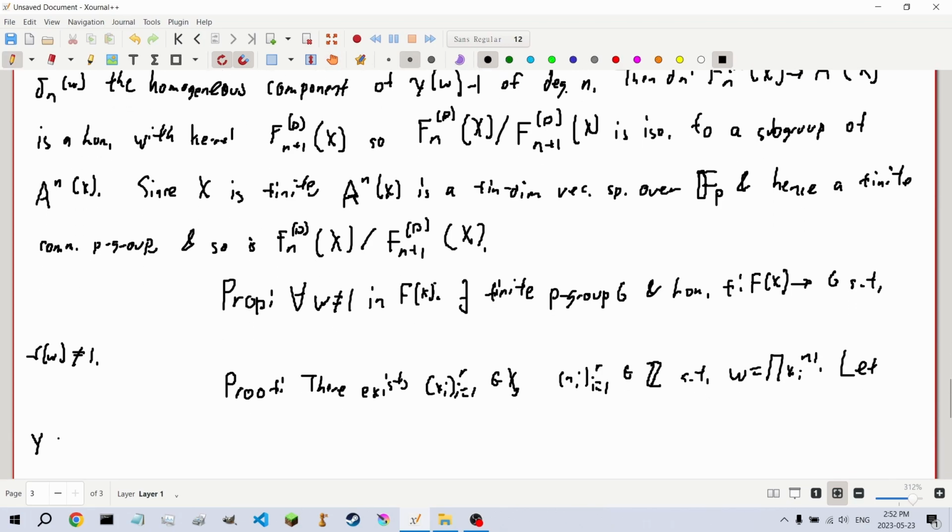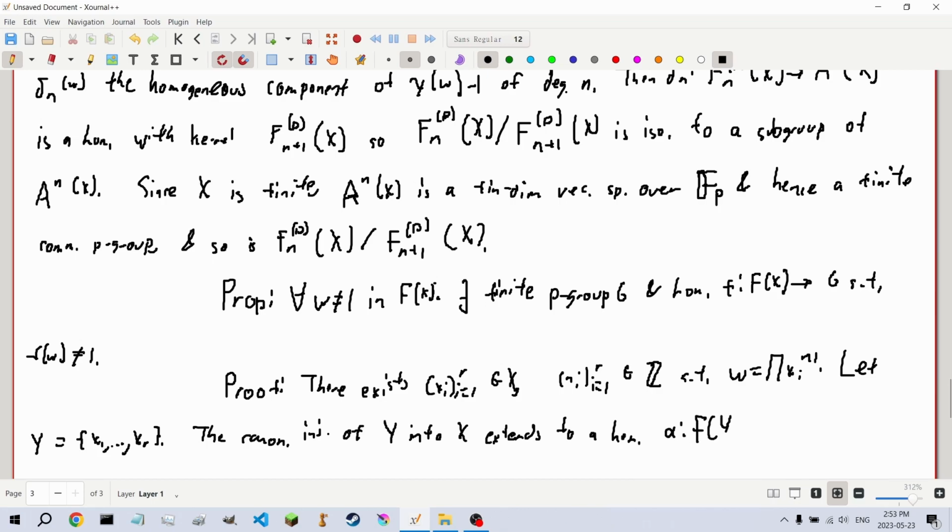Let Y be the set of x1 through xr. The canonical injection of Y into X extends to a homomorphism alpha of the free group of Y into the free group of X.